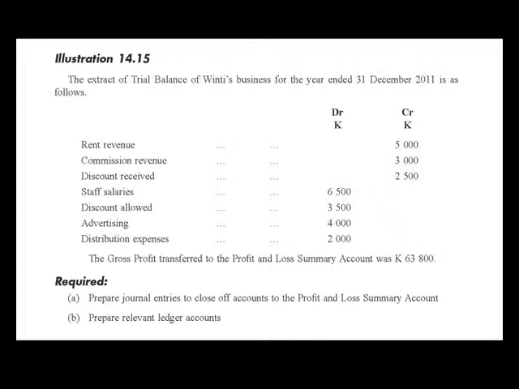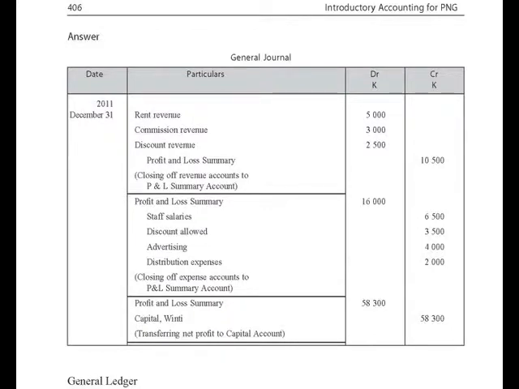Commission revenue, credit balance. Discount received, credit balance. Staff salaries, debit balance. Discount allowed, debit balance. Advertising, debit balance. Distribution expenses, debit balance. And gross profit transferred to the profit and loss summary account is 63,800, which is a continuation from the previous exercise.